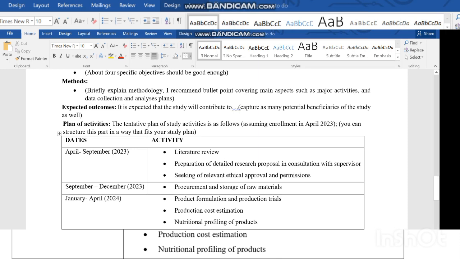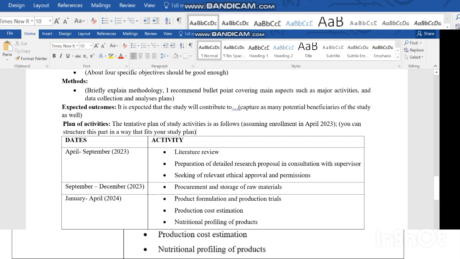Then I included a plan of activities, which is tentative. You can even highlight to say tentative, simply because you appreciate the fact that you are proposing a study. This may not be what you end up doing, depending on who supervises you. So the tentative plan of study activities is as follows. Assuming enrollment in this, you can structure this part in a way that fits your study plan.